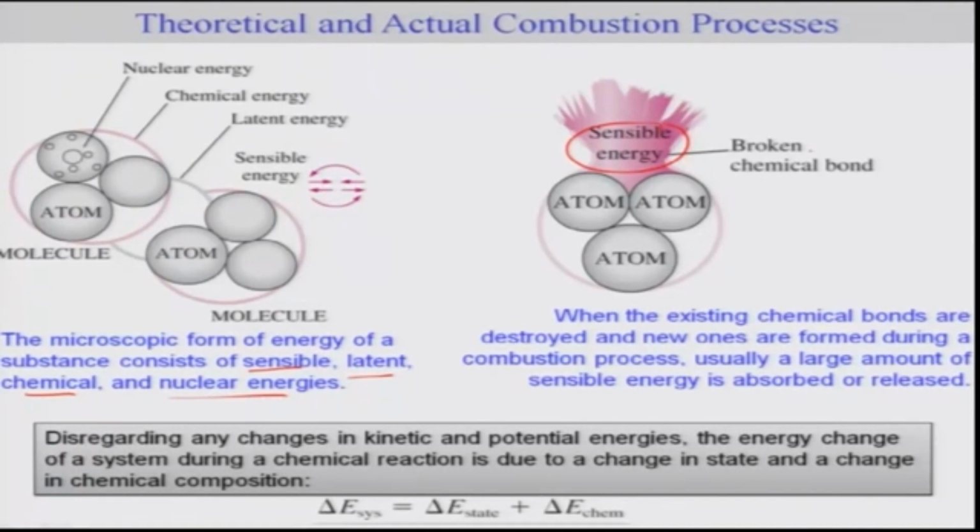So, if you disregard any changes in kinetic and potential energies, the energy change of a system during a chemical reaction will be due to the change in state, that means temperature and pressure, and due to the change in the chemical composition, which means when the reaction occurs there is a change in species, and hence there will be a change in the energies due to that. Thus the change in the energy of the system is due to the change of state and due to the contribution of the chemical composition change.